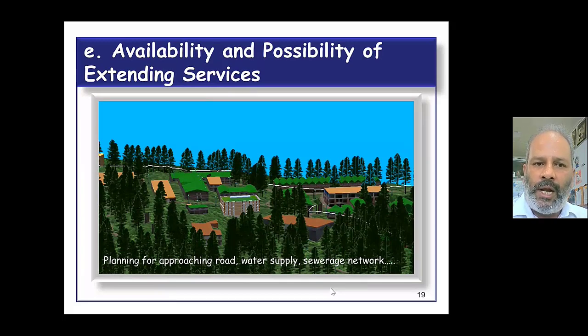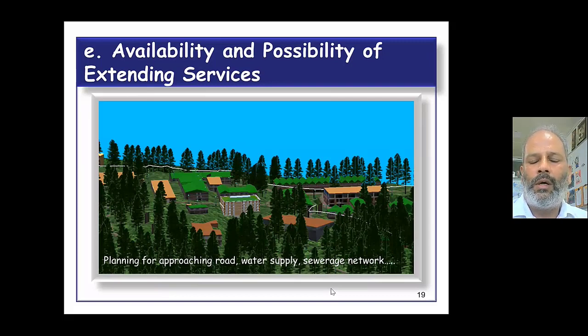Then we need to extend some services, or some minimum required services, to that particular construction site, which include approaching road, where topography plays a major role. If, let's say, the site is hilly, then how to construct that approaching road, how to connect the site under consideration with the existing roads.